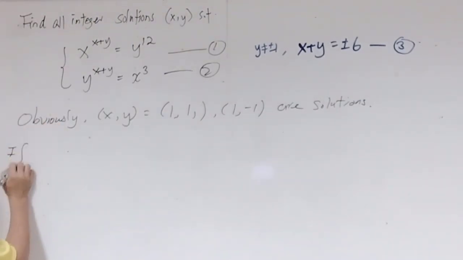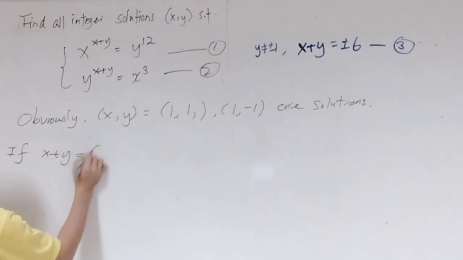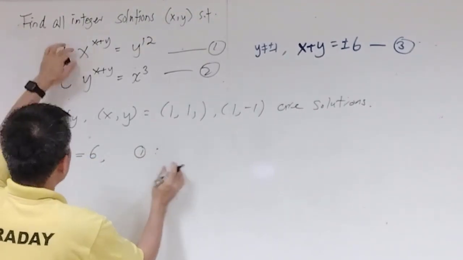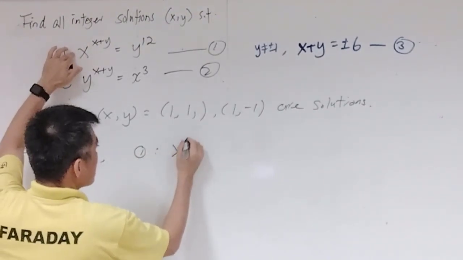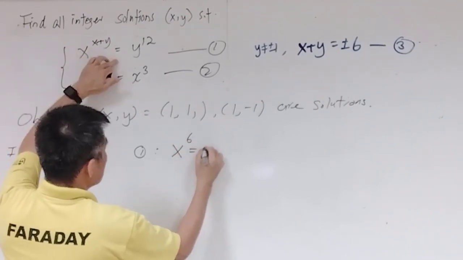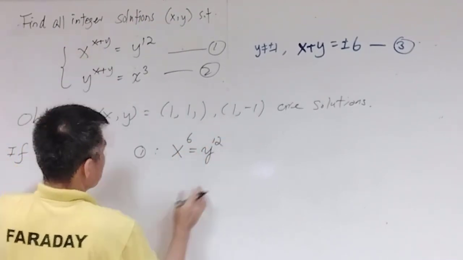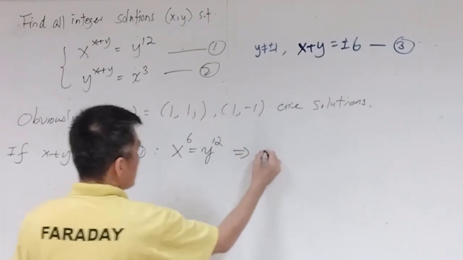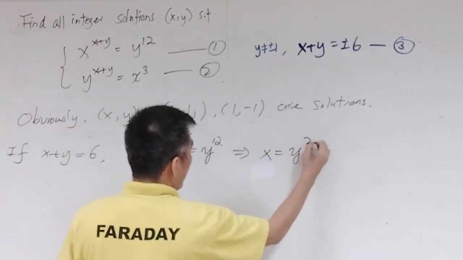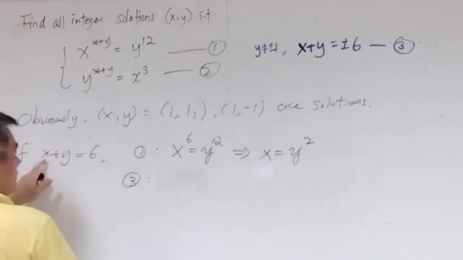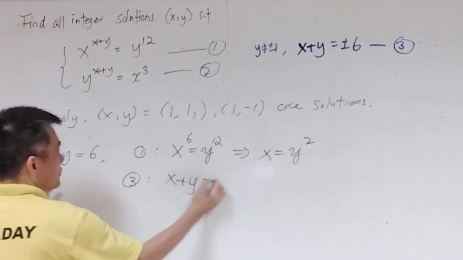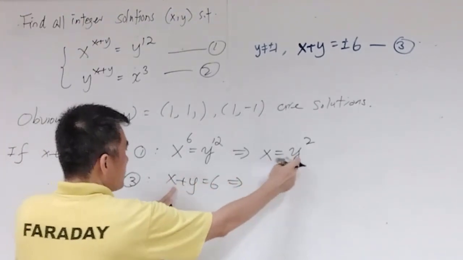So if x plus y equals 6, then from 1, x to the power of 6 equals y squared, and therefore x equals y squared. From 3, x plus y equals 6, and x equals y squared.